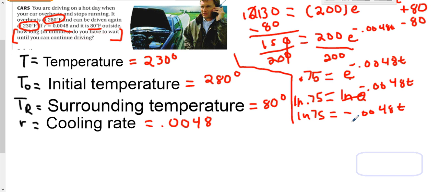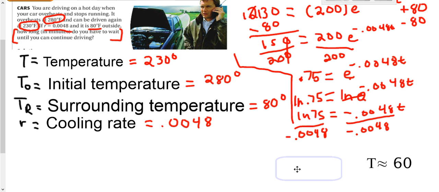Lastly, divide through by negative 0.0048 on both sides, and this becomes a calculator problem. Okay, remember, ln is in your calculator. You don't need to hit a change of base formula on this. So type in ln of 0.75, divide it by negative 0.0048, and that will leave an answer of approximately 60.